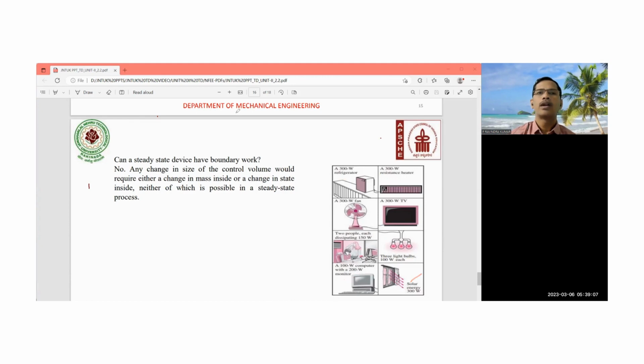So here the intention is how much heat could be converted to work, that is, conversion of one form of energy to another form.